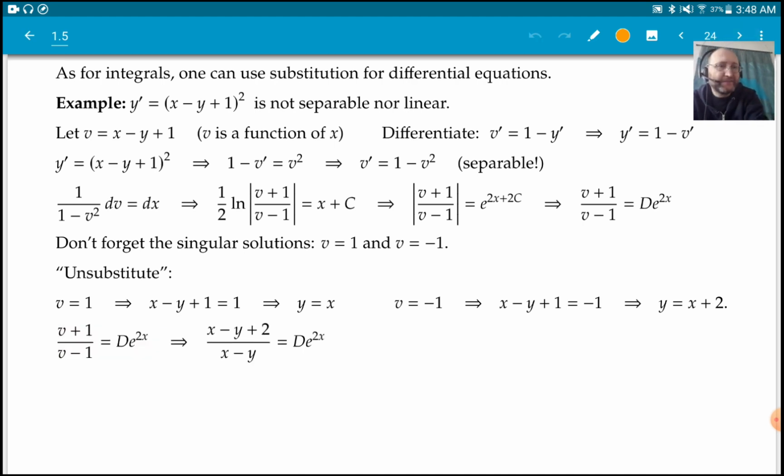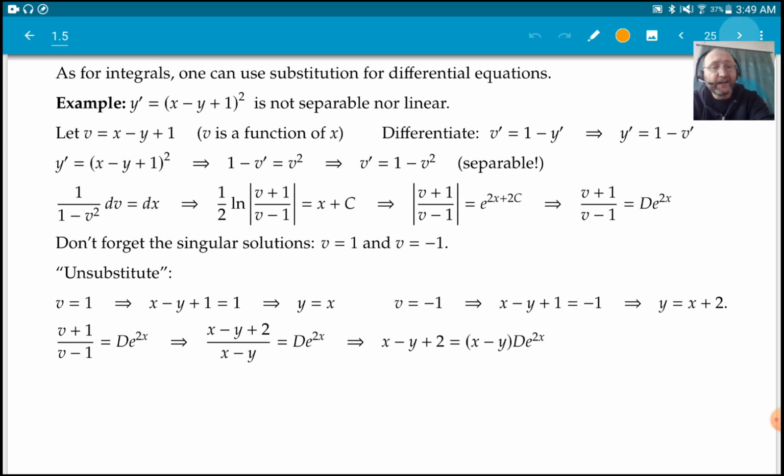We do the same thing, just unsubstitute, if I'm calling it that. Put the y back in. We know what v is. We stick it back in here, and we get this equation over here, and we solve. We put the x minus y on the right hand side.